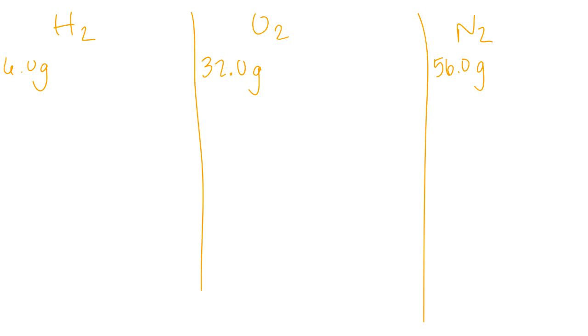So if we have 6 grams of hydrogen, remember to convert to moles, we need the molar mass. Hydrogen is diatomic, so its mass is going to be around 2.02 or 2.018, whichever way you want to do it, per 1 mole. For oxygen, again diatomic, so the molar mass is 32 grams per 1 mole.